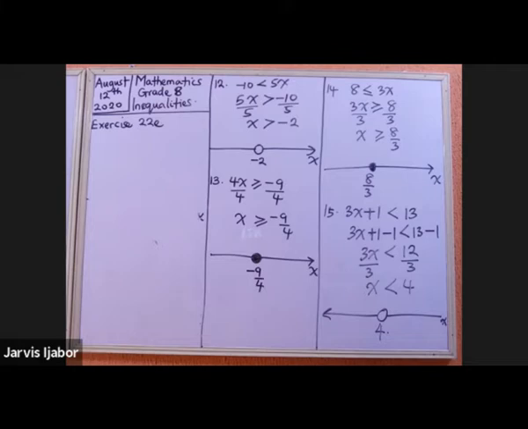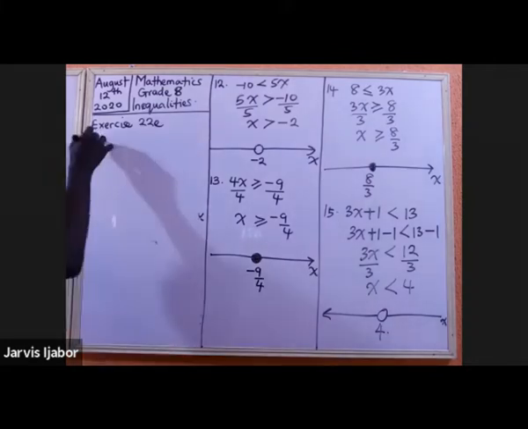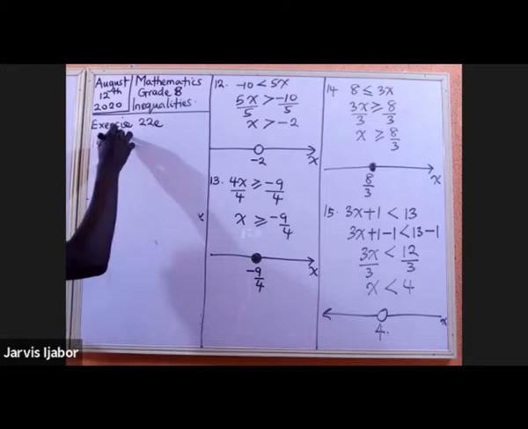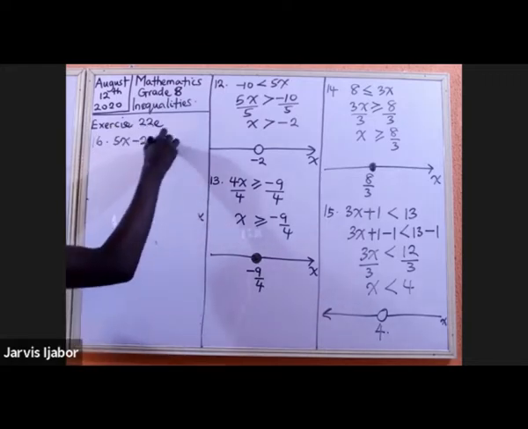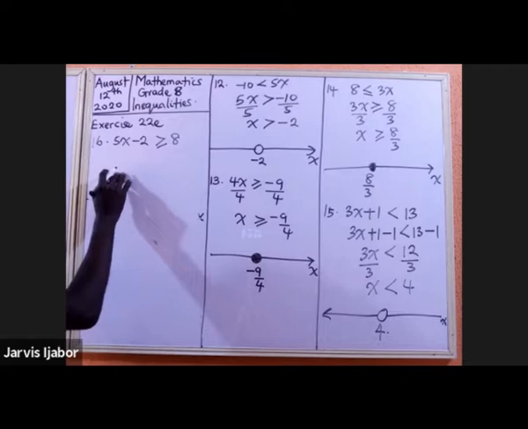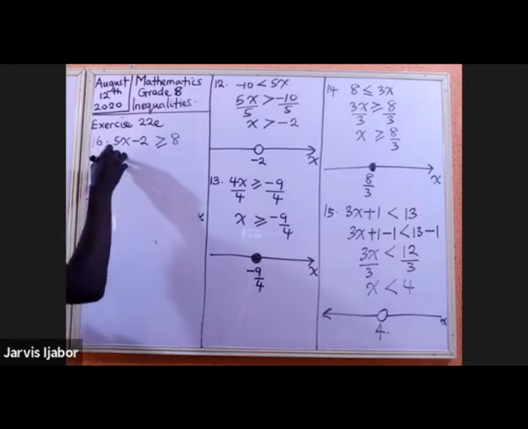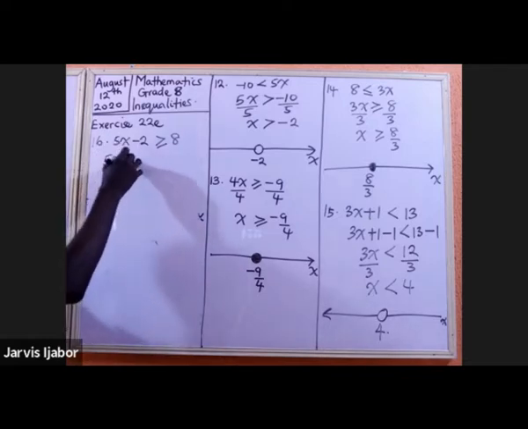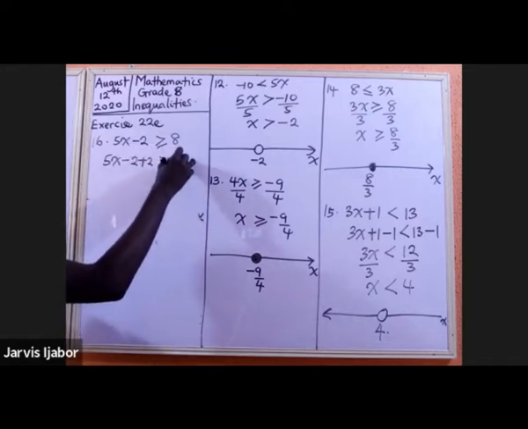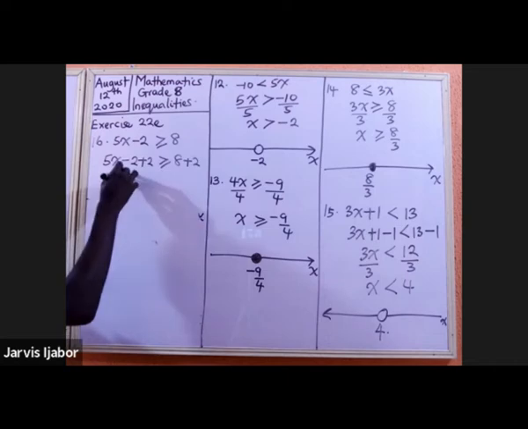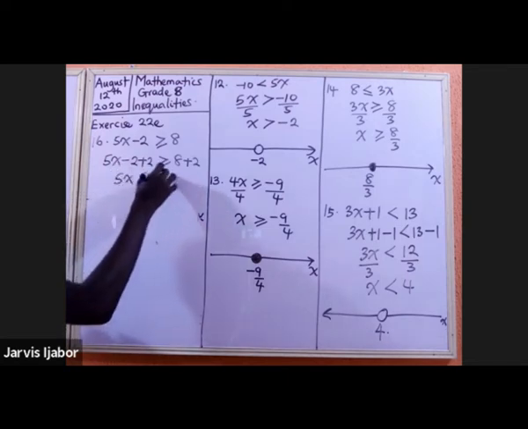In question 16, we have 5x minus 2 greater than or equal to 8. Because it's a negative, you add 2 to both sides. And that will mean 5x will be greater than or equal to 10.